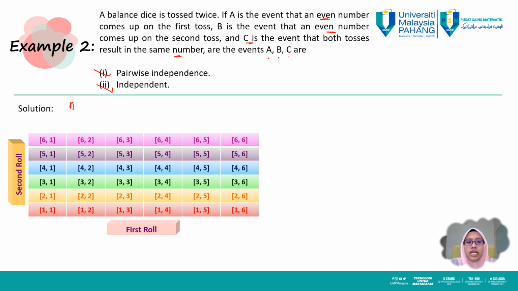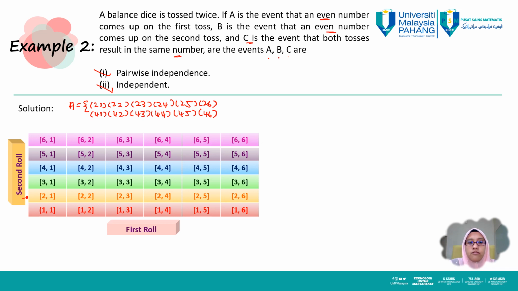For event A, that means an even number comes up on the first toss. So we have everything in terms of 2: (1,2), (2,2), (3,2), (4,2), (5,2), and (6,2). And then another one, we have 4: (1,4), (2,4), (3,4), (4,4), (5,4), and (6,4).